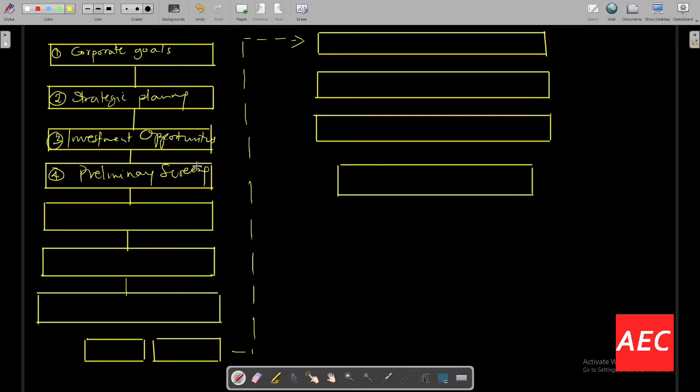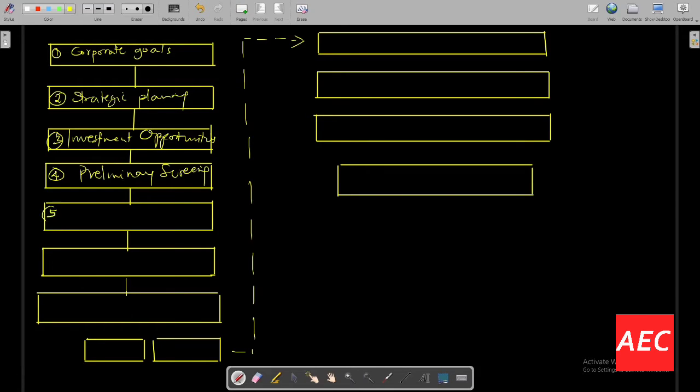These proposals generated must be screened in order to identify the one that is best suited to the goals, missions, vision, as well as the strategic objectives of an organization. Therefore, the identified investment opportunities have to be subjected to a screening process by management to isolate those opportunities that are unsound, because maybe it is not worth spending shareholders' monies on those proposals or projects.